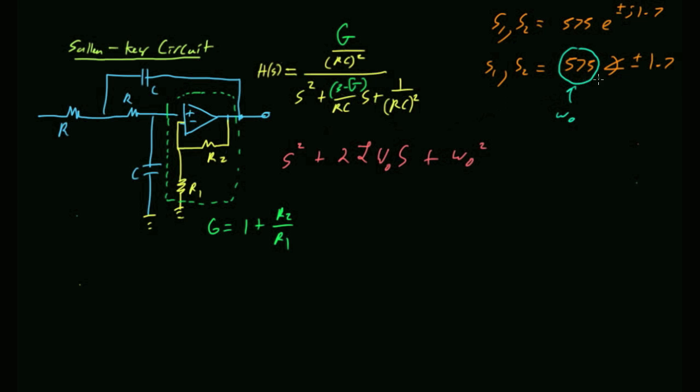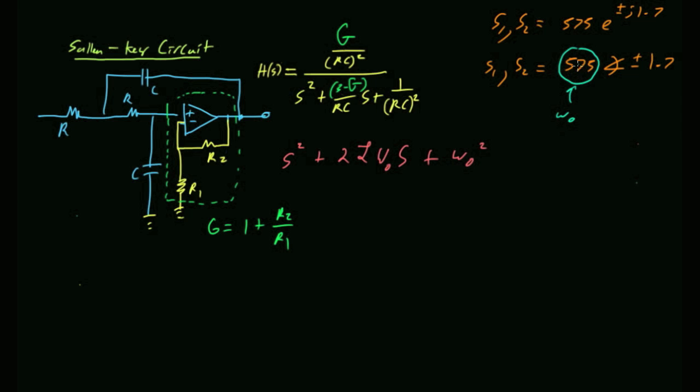So it turns out that if we take the roots of this equation using the quadratic equation, and express them in polar form, this number here would be omega naught. That's a little shortcut to get you to your answer.